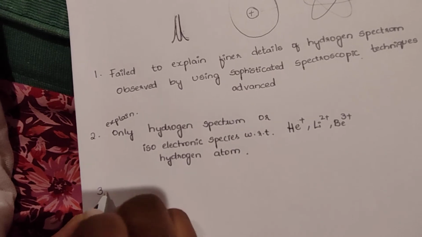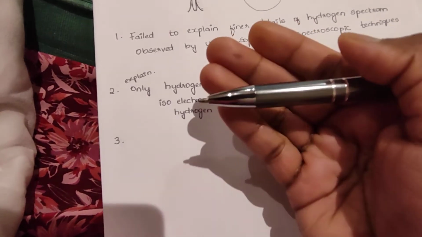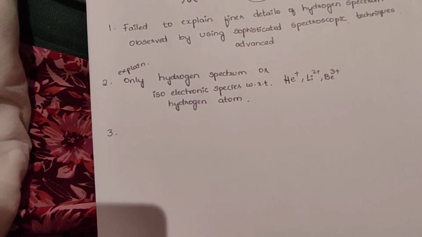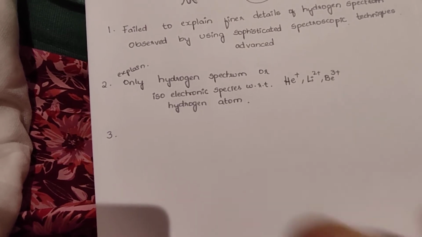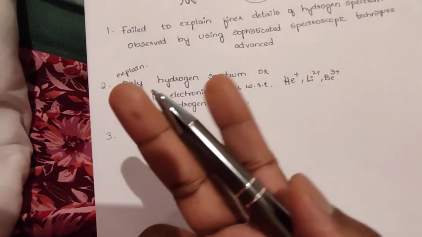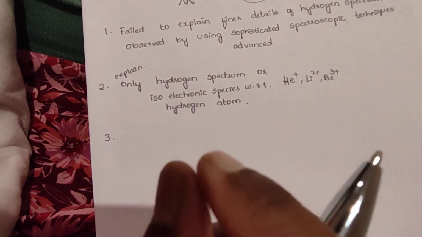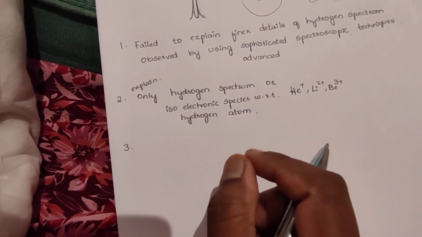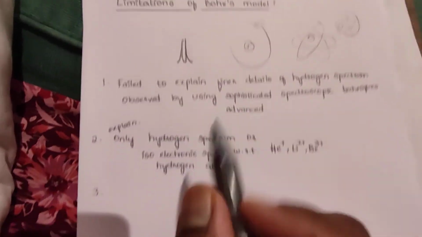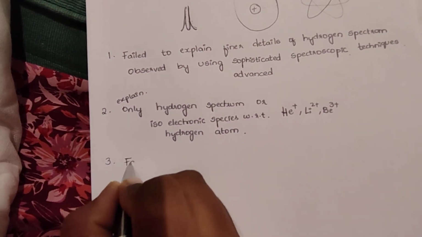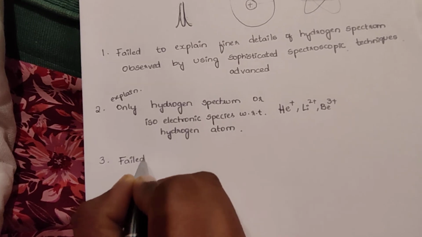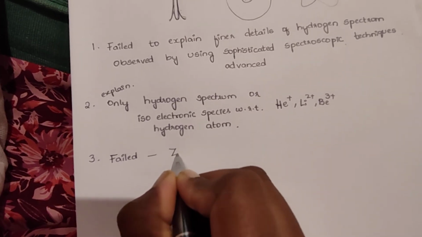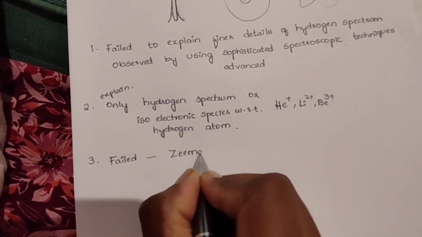And third one is, if we are taking the spectrum of hydrogen, when we apply magnetic field, the spectrum lines get split. This effect is known as Zeeman effect. This effect is not explained by Bohr's model. So it failed to explain Zeeman effect.